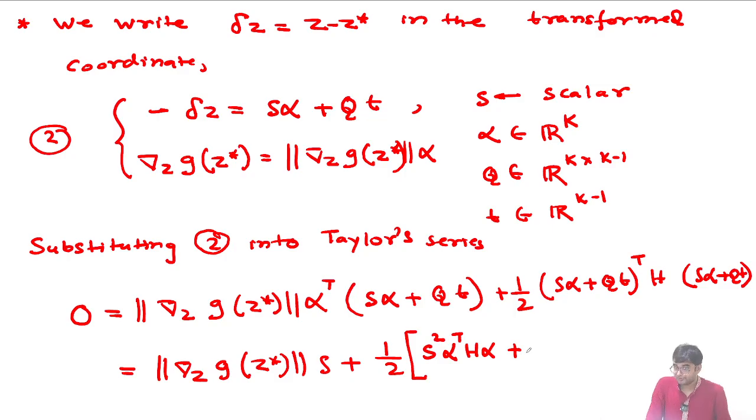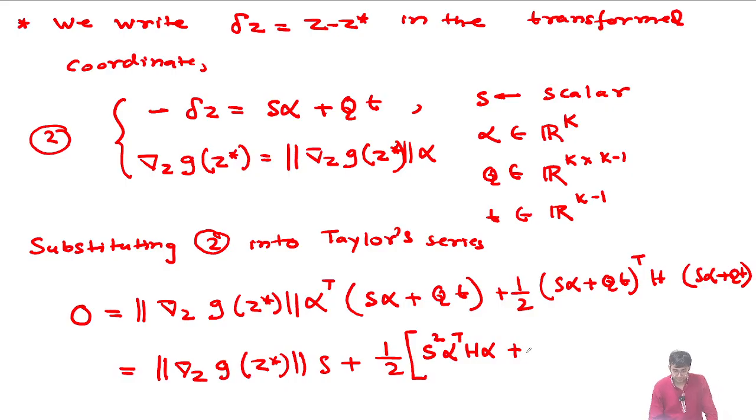No, t is not a scalar. Qt whole transpose, so that means t transpose q transpose. When you do transpose of two things, they change. So t transpose q transpose multiplied by H multiplied by s alpha. Second term and first term, 2ab term. So q t transpose, q transpose H s alpha, and this s is a scalar that I can bring to the front, right? It will not be 0, there is an H sitting in between.